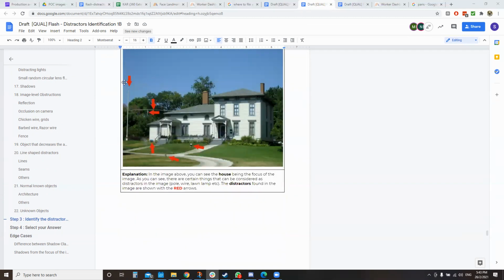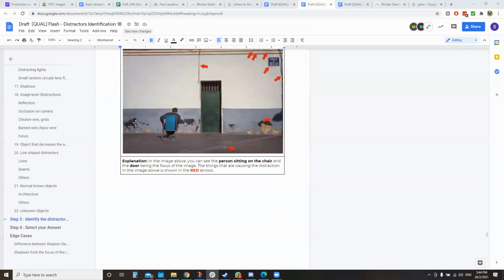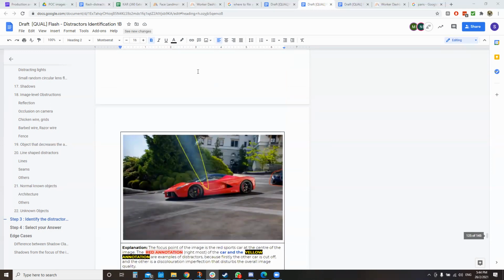This one, A, B, C, D, E, F, G, H. You know which are the distractors.